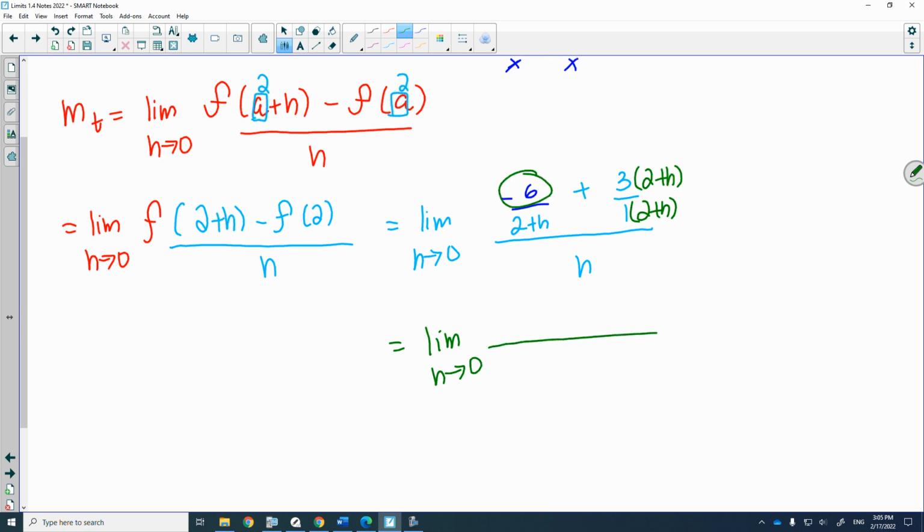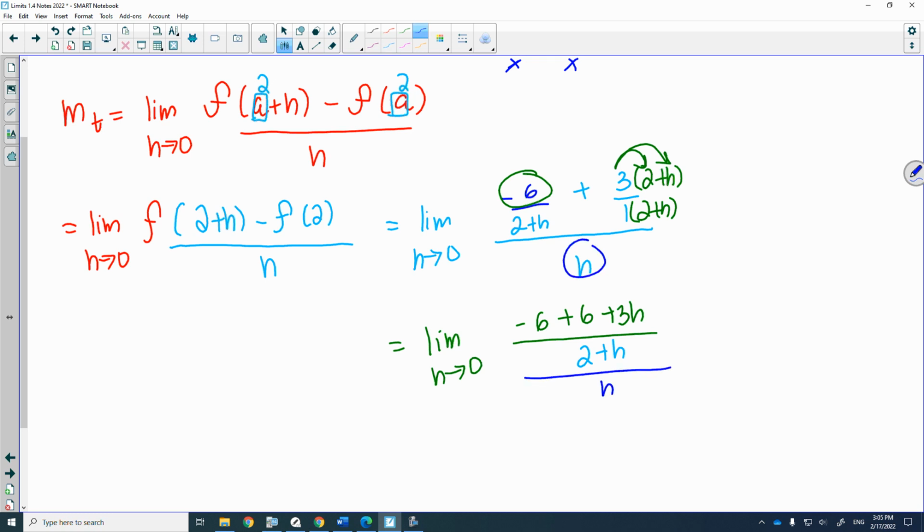I would have negative 6, and I'm going to distribute in this 3. So plus 6 plus 3h over 2 plus h. And remember, that was all over h.